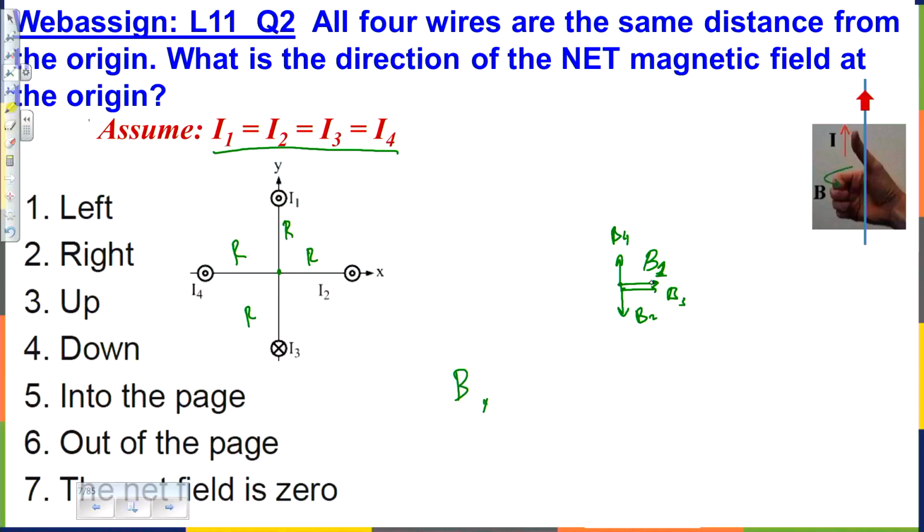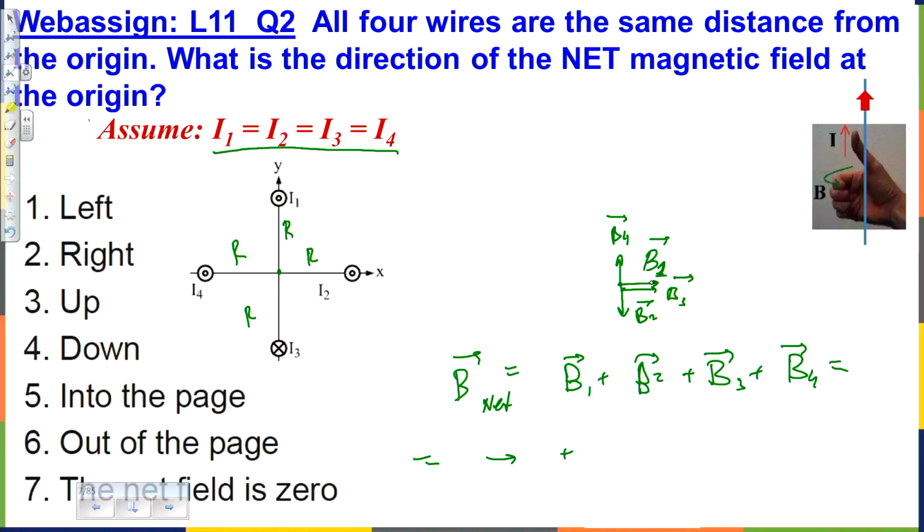B net, well, technically those are vectors, should be equal to B1 plus B2 plus B3 plus B4, which is this plus this plus this plus this.